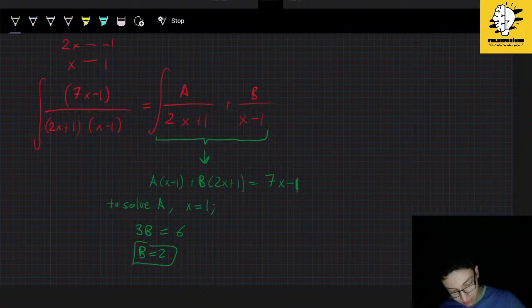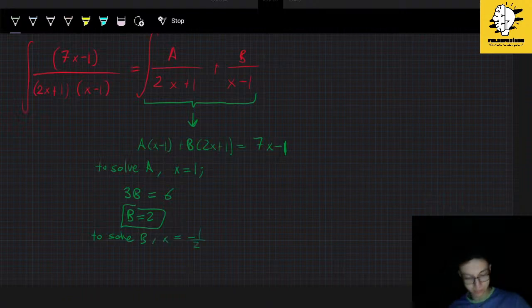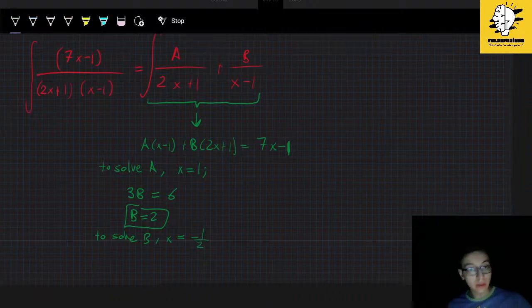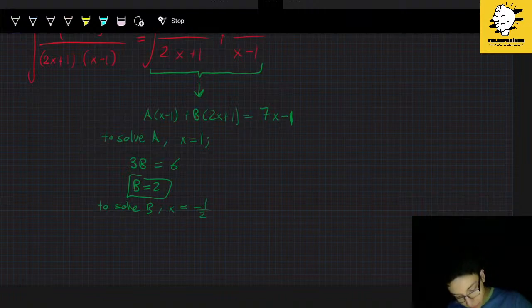Then to solve for a, we say x is equal to negative 1/2, right? When x is equal to negative 1/2, I will come to know that negative 3 over 2a is equal to negative 9 over 2.